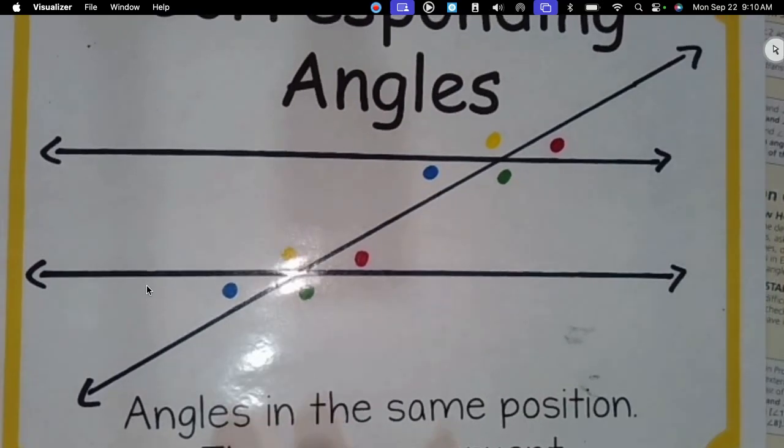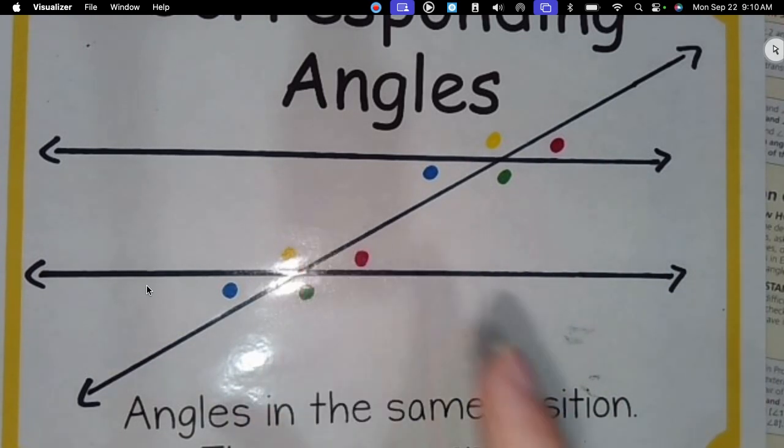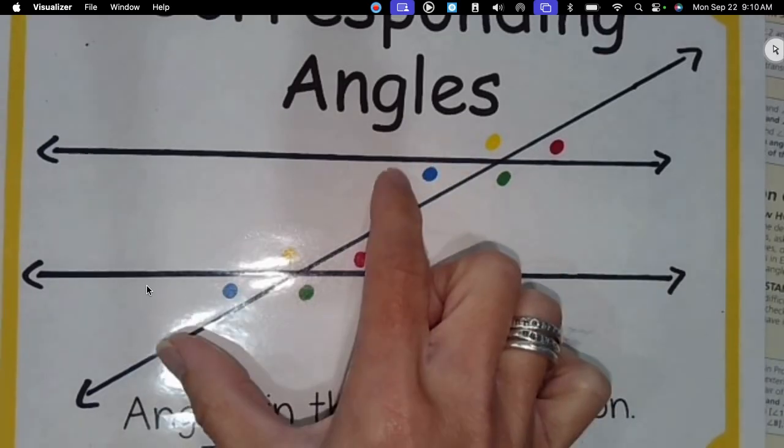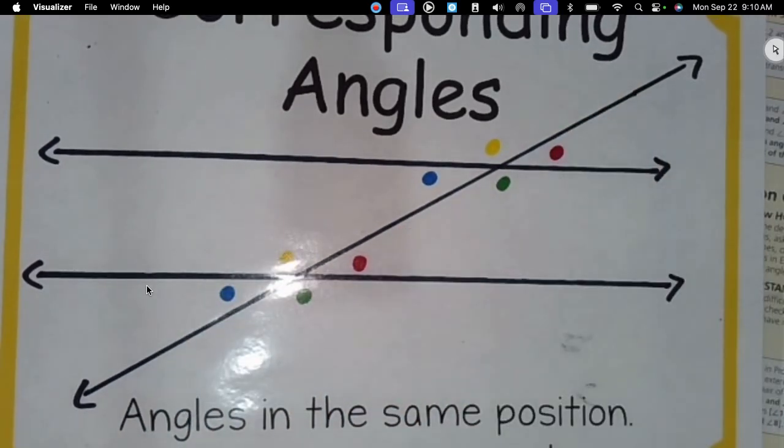Can you kind of tell they're color coded? Which ones go together? To me, they just kind of skip. The 2 yellow, the 2 blue, the 2 green, the 2 red. Those are corresponding angles. Do y'all see those sets of angles? I just remember, corresponding angles, they just skip.